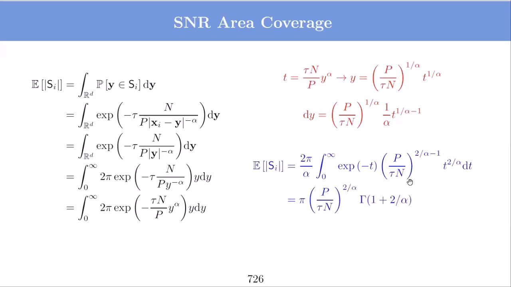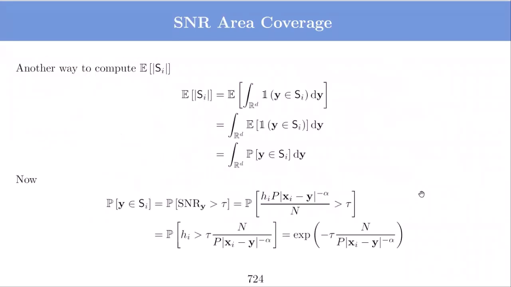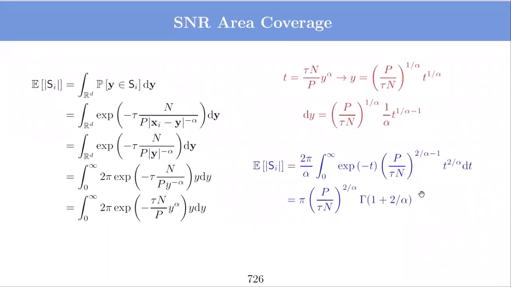This is only for an exponential random variable. So this method works if you have Rayleigh fading, but for other fading variables, this expression may get very complicated. But in any case, here you would have an expectation of h to the power 2 over alpha, and depending on the different fading variables, you get different values.